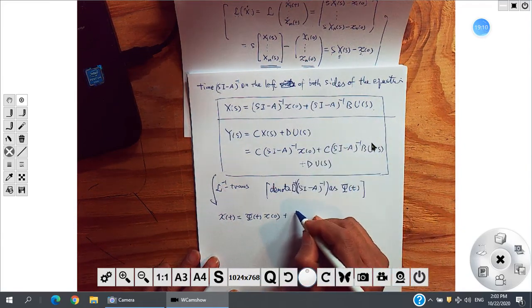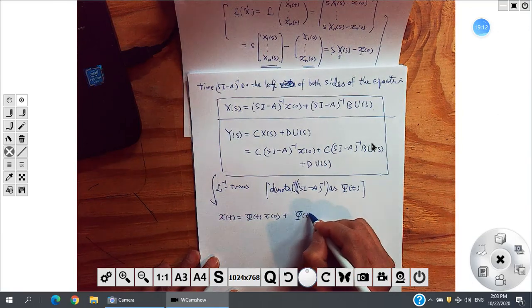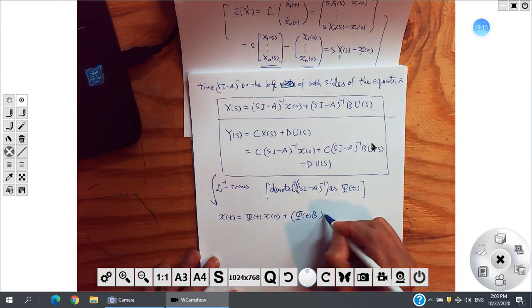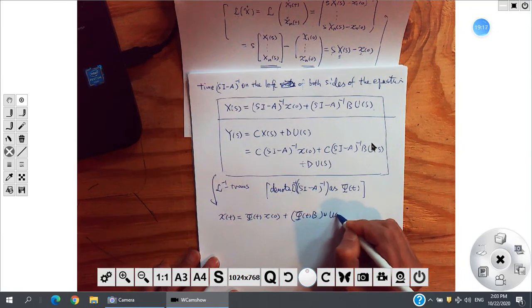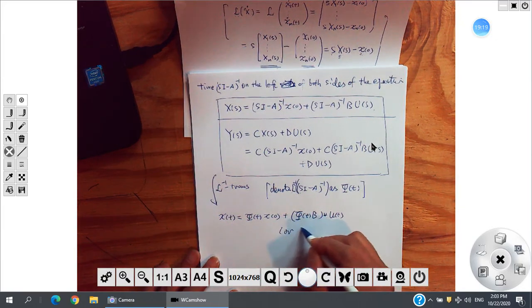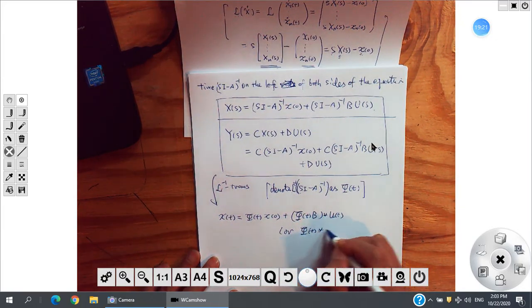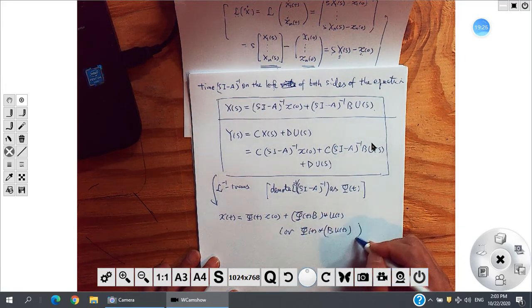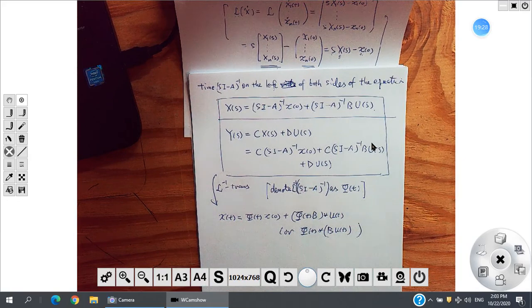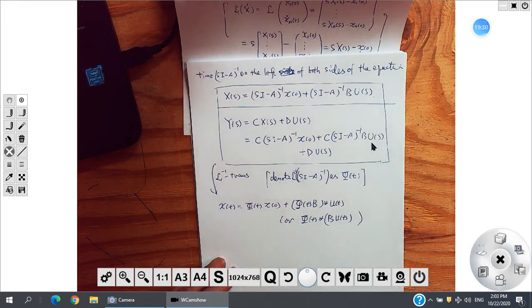So it will be phi(t) times B convolved with u(t), or phi(t) convolved with B times u(t). Yeah, both work. Alright, this is for x.